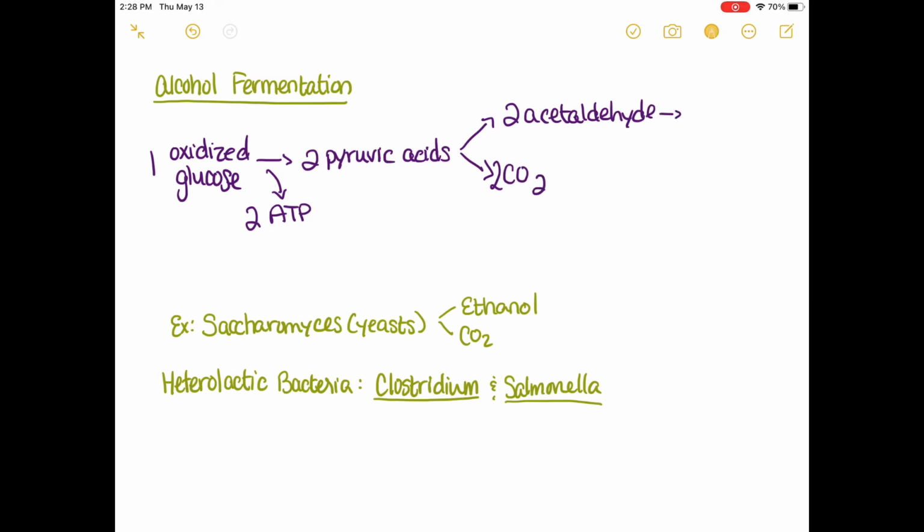The 2 acetaldehyde molecules are reduced by 2 NADH molecules, resulting in the end product of 2 ethanol molecules, and this is where the energy is stored. Here's an example of an ethanol producer, Saccharomyces yeast. Here are 2 examples of heterolactic bacteria, Clostridium and Salmonella. They produce lactic acid, other acids, and alcohols.